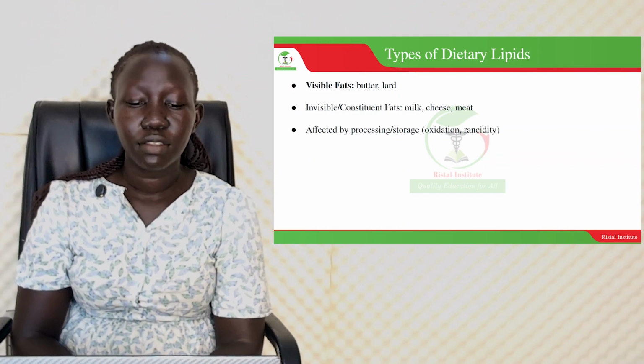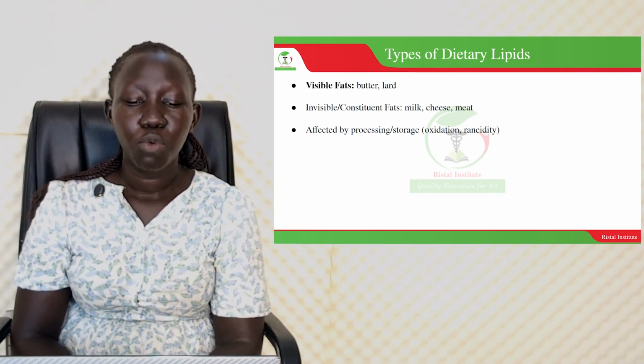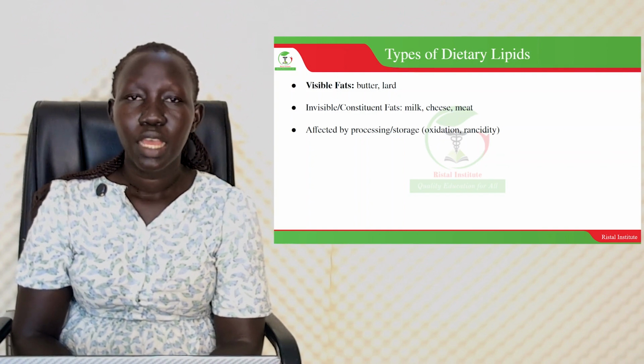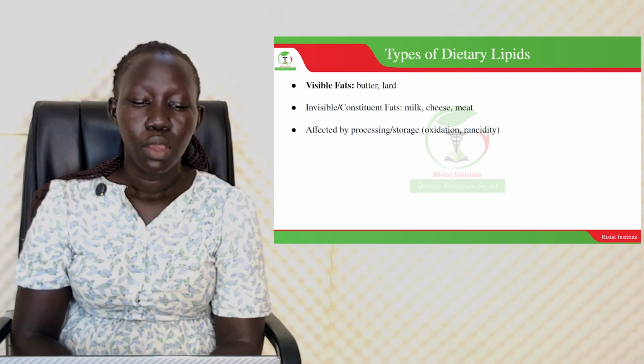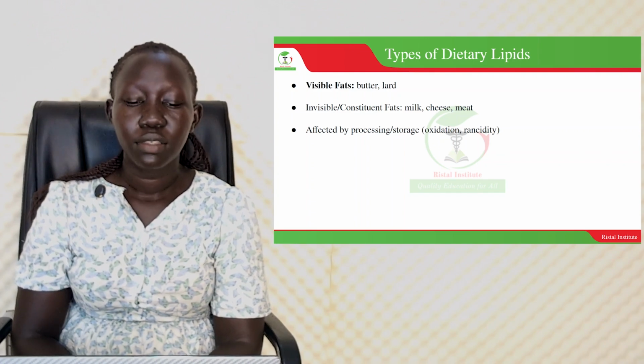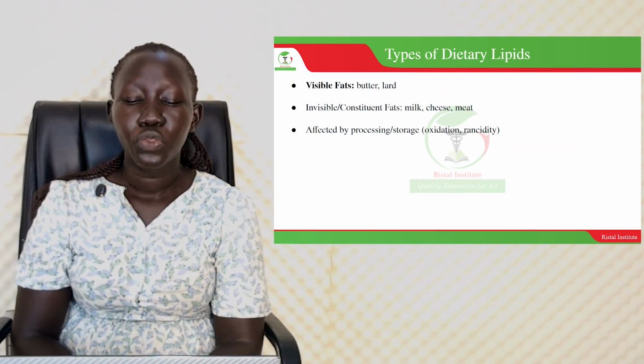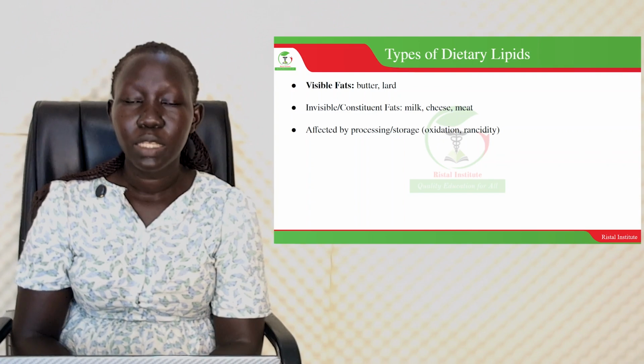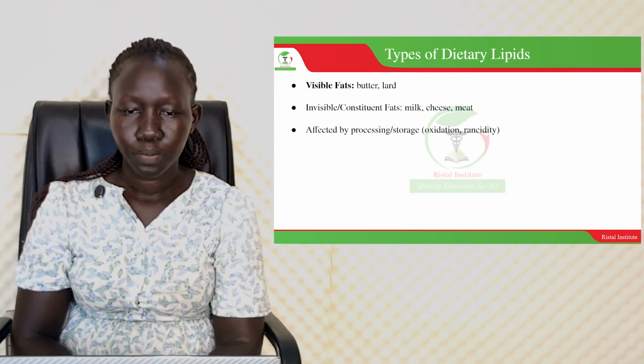The animal fats are rich in carbon 16 to carbon 18, and they have moderate unsaturation levels. We also have the marine oils. They have high omega-3 polyunsaturated fatty acids. They also have vitamins A and D, and they are also prone to oxidation.